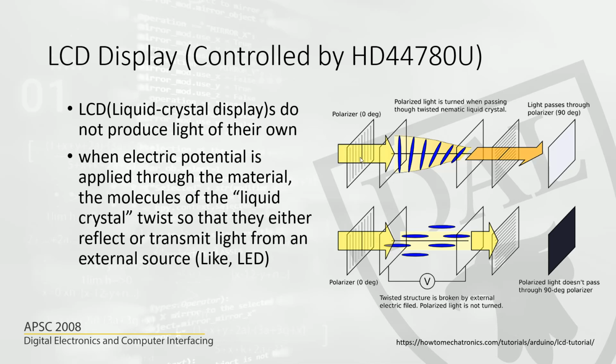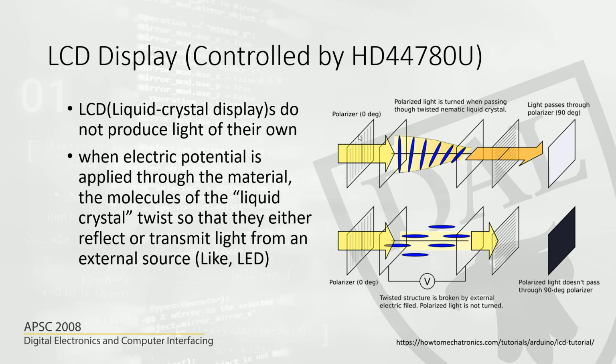It can be at any degrees. So what this polarizer will do, when you have vertical slits, is it will just pass through the light that has a 0-degree phase angle. These polarizers will come in, and when you don't apply any voltage, the crystals in this LCD will turn and change the orientation of the light wave, and then you will have a horizontal polarizer here which will pass the light through, and that's what you see.